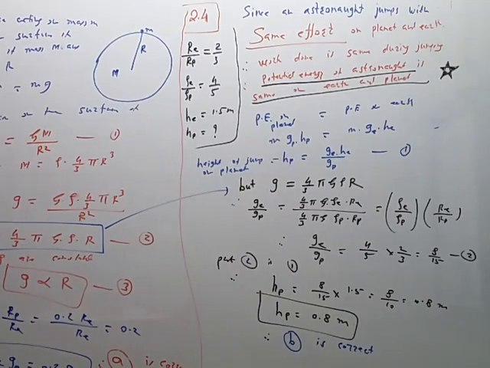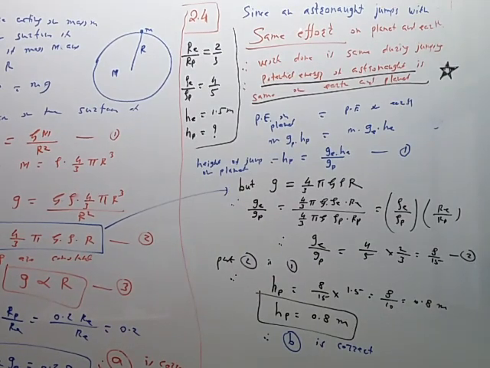So the given condition is important. The given condition is this: the astronaut jumps with the same effort on the planet as well as Earth. So during the jumping, work done by the astronaut is the same. Therefore, work done is always stored in the form of potential energy. So potential energy of the astronaut is the same, and therefore potential energy on the planet is equal to potential energy on the Earth.